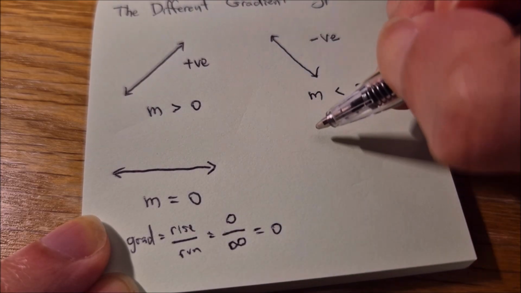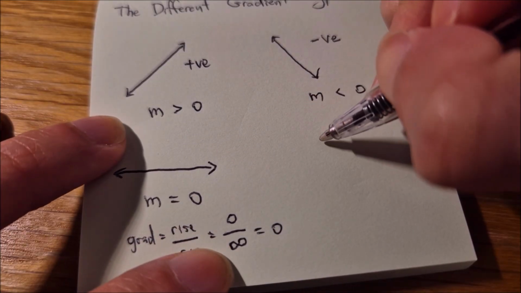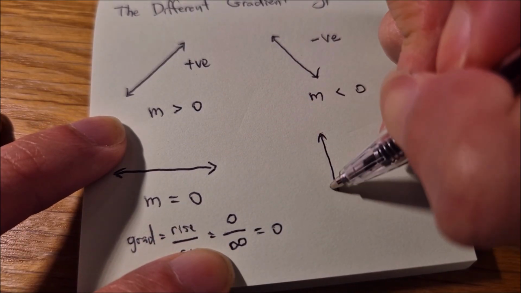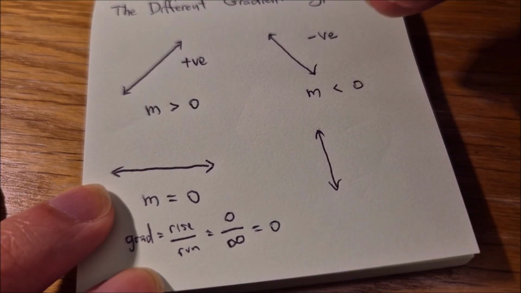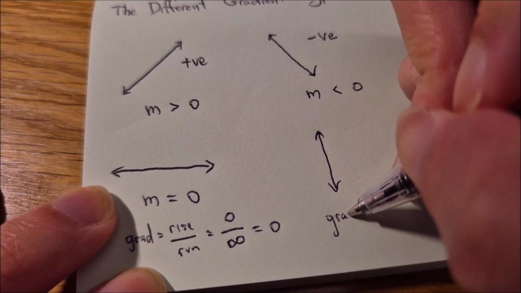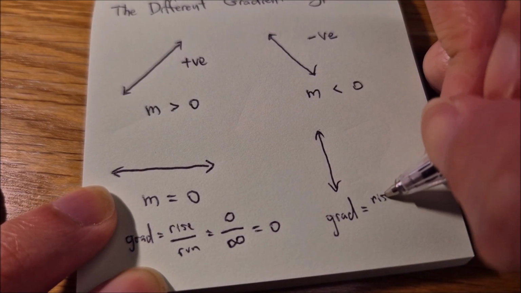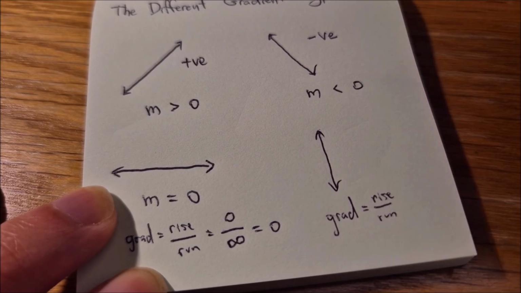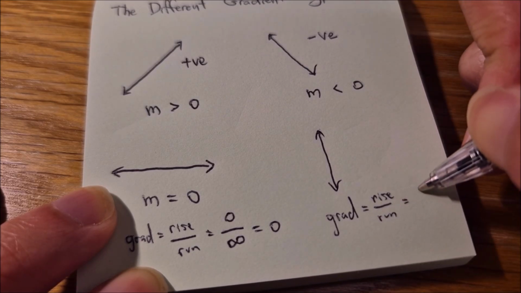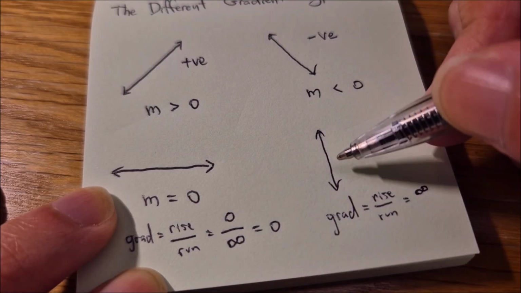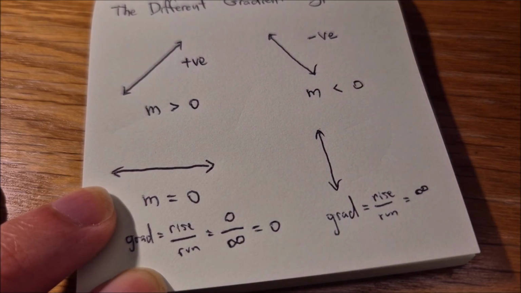And now for the scenario where our line is vertical. Again, our gradient is rise over run. Our rise is infinite because it will just go on and on forever.